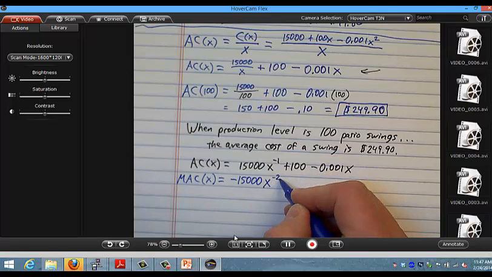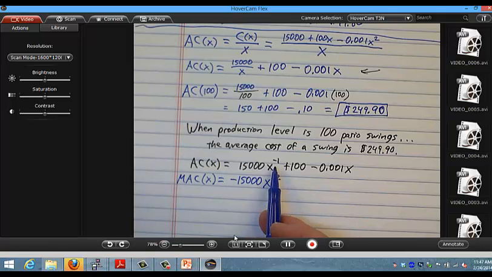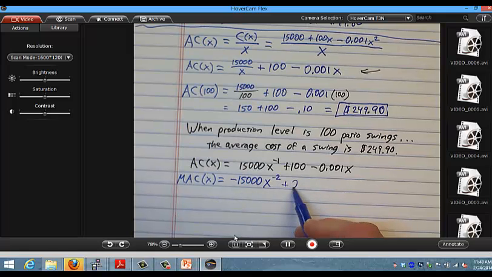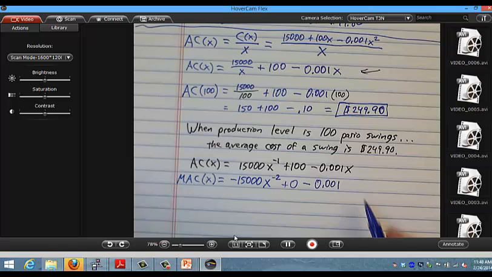Negative second. How did you get negative 15? You see where it came from? The negative one came down. Plus 0, right? And then minus 0.001.